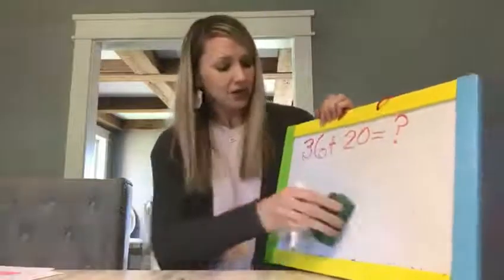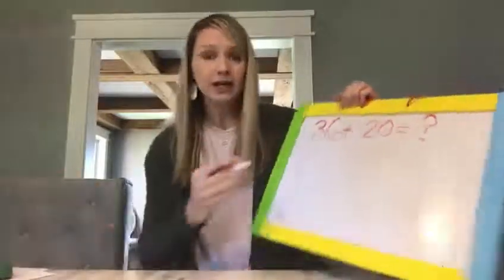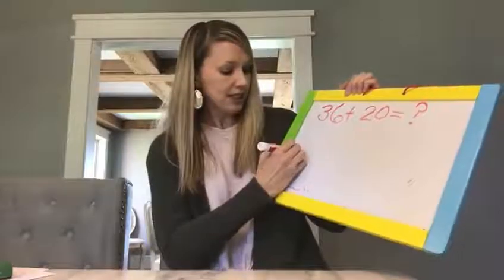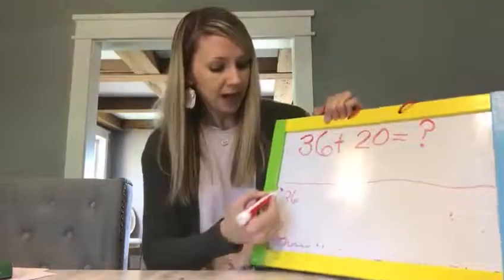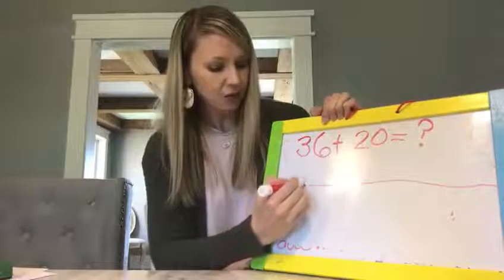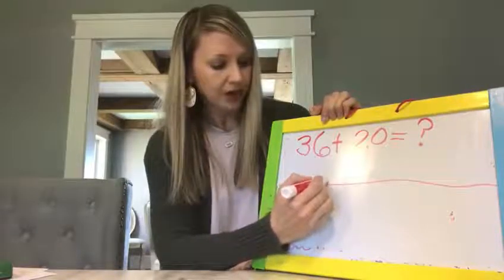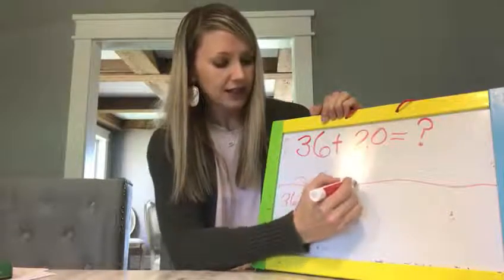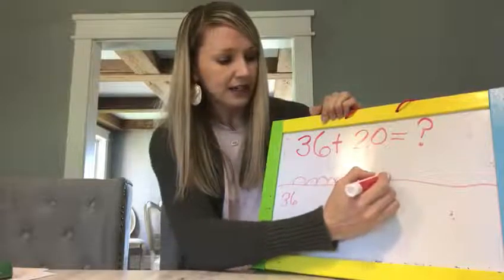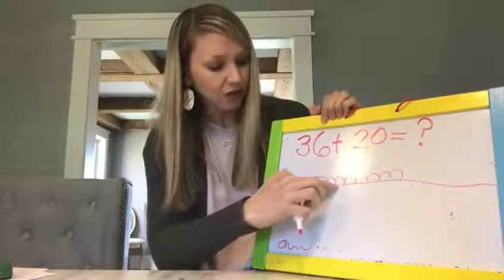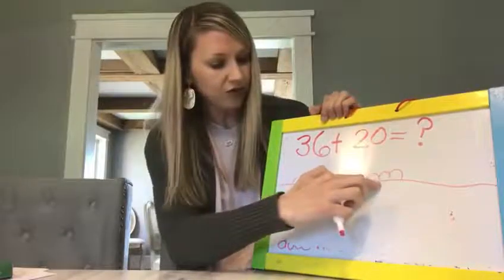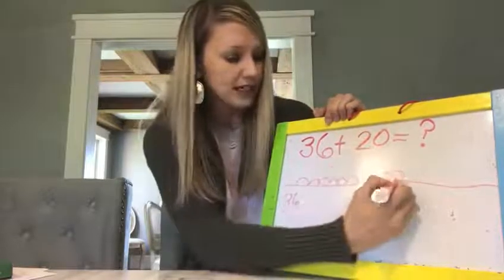Or we could also do a number line. So I'm going to start at 36, and I'm going to draw a number line, and I'm going to hop up 36, and 1, 2, 3, 4, 5, 6, 7, 8, 9, 10. So 36, 37, 38, 39, 40, 41, 42, 43, 44, 45, 46.